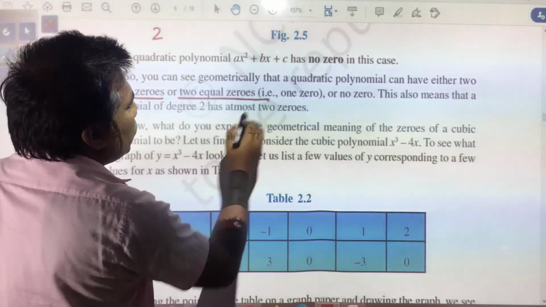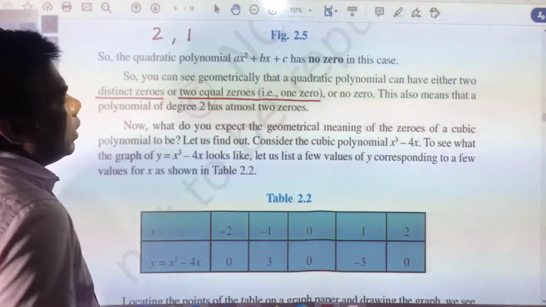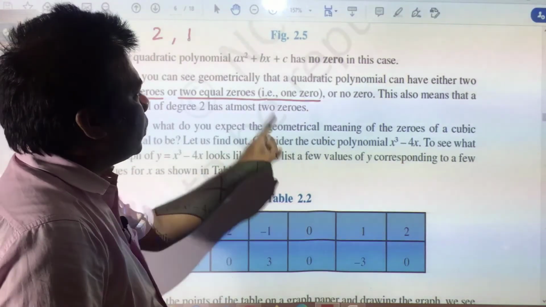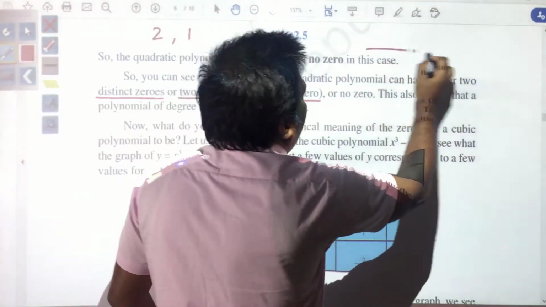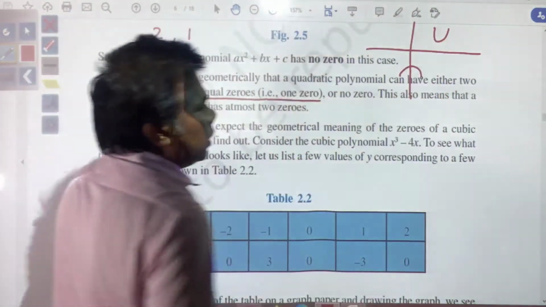Two equal zeros you will have when it intersects at one point, then at one point the x axis will be intersected, or no zero when the x axis will not be intersected, like this.